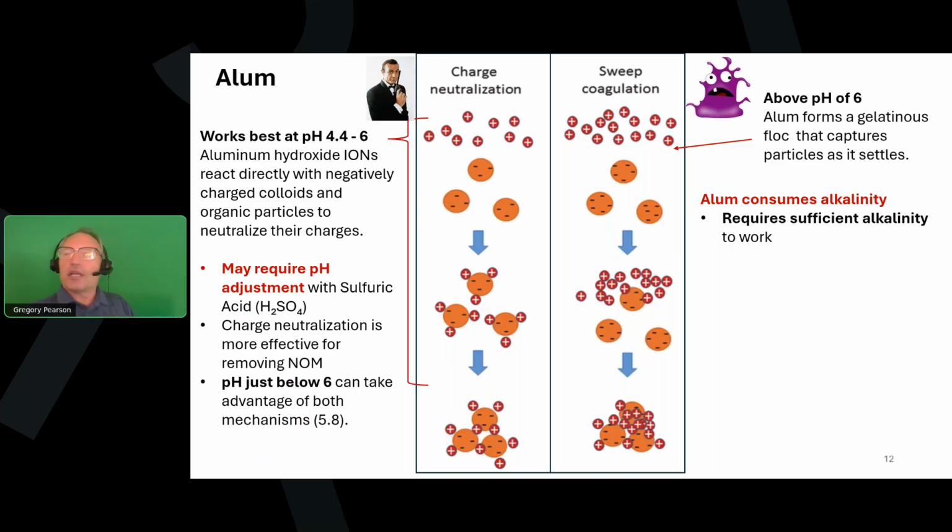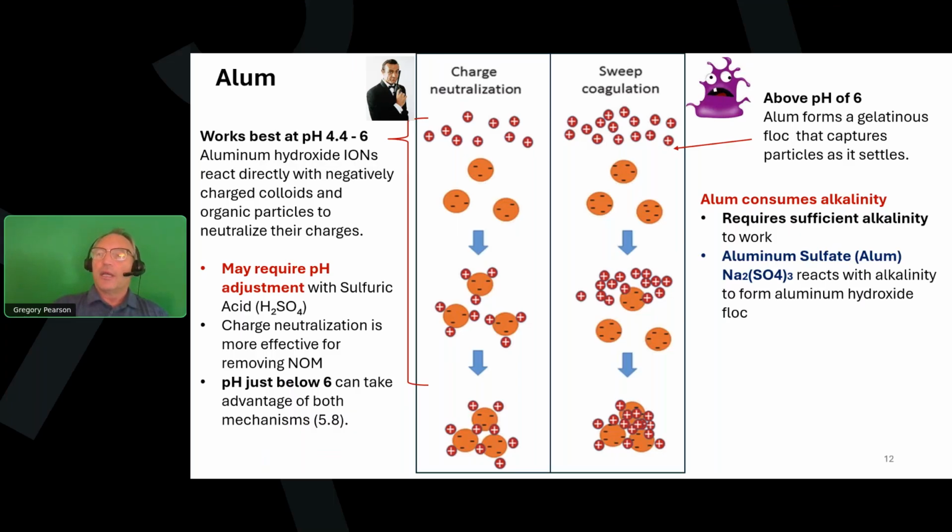It's going to sweep up everything in its path. Alum has another issue. It consumes a lot of alkalinity. Like I mentioned before, it takes hydroxide ions out of the water to form aluminum hydroxide. In general, it takes about 0.5 milligrams per liter of alkalinity for every 1 milligram per liter of alum.